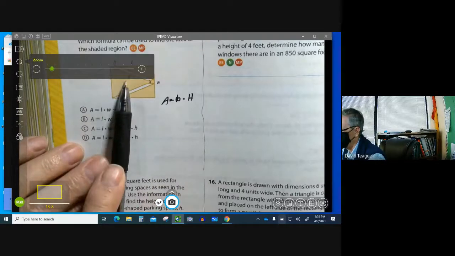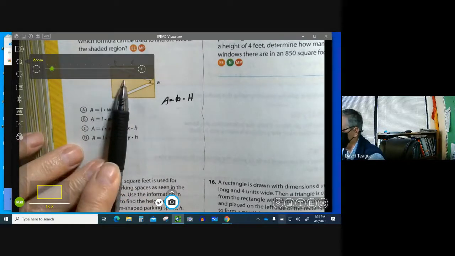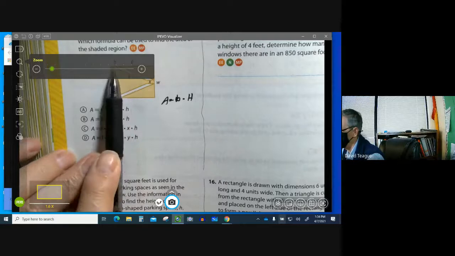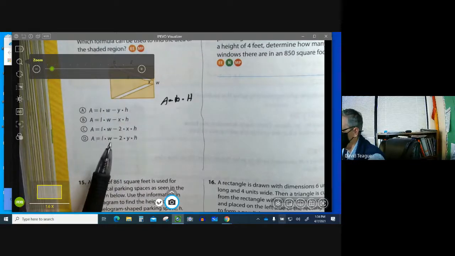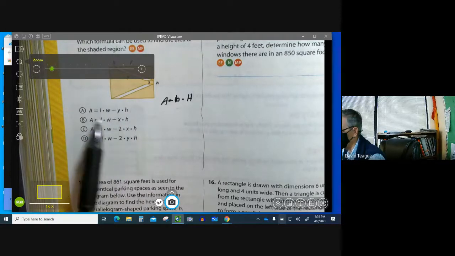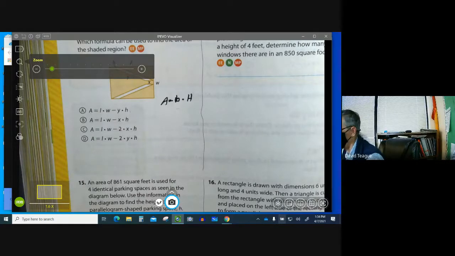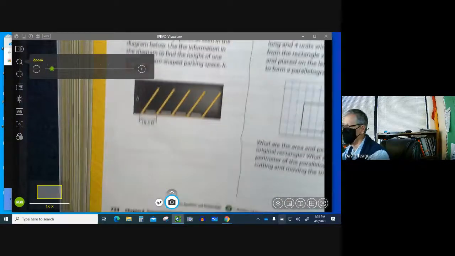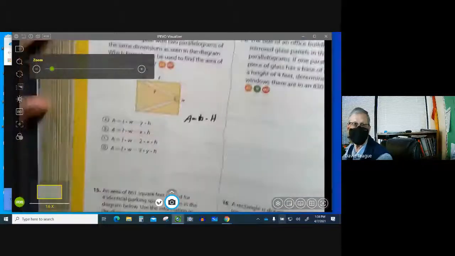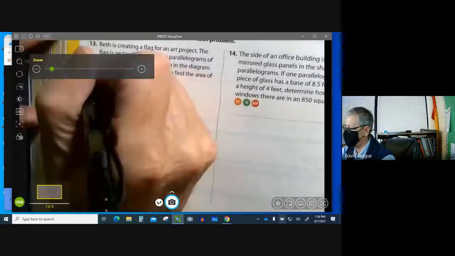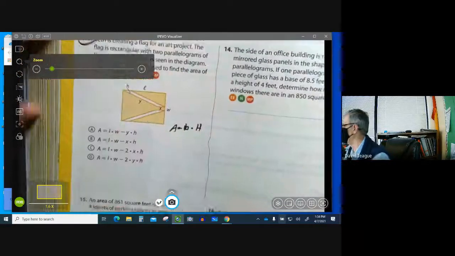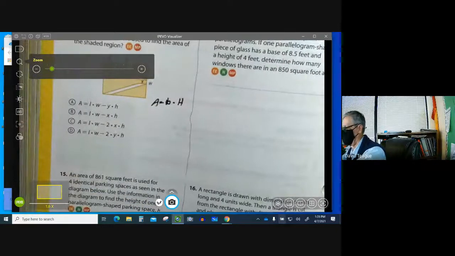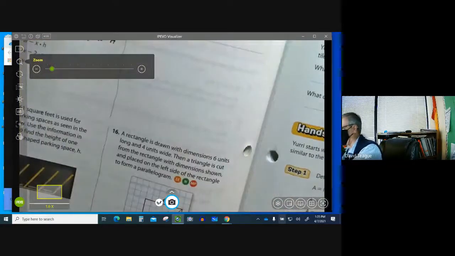Is y a base? Is h the height? You have to look at those 4 and decide which one is correct. So your first question in your Google quiz is page 734, question number 13. That's the only one in this chapter.